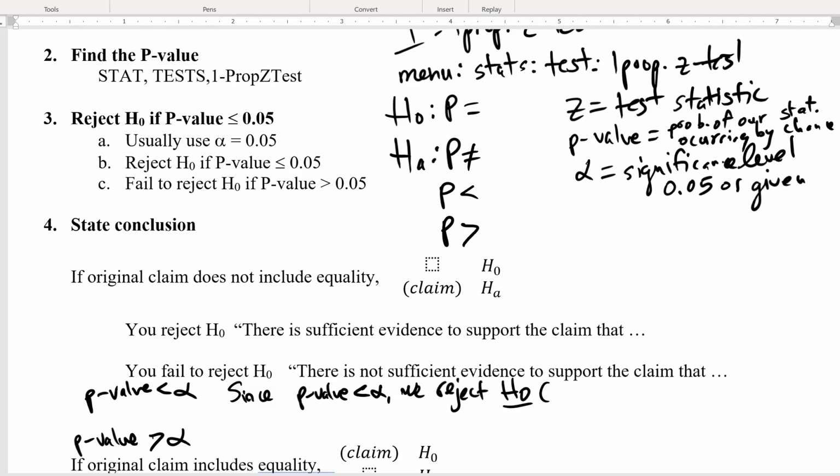I'm going to want that in words, and conclude the alternative. This is called significant. So the results are significant.